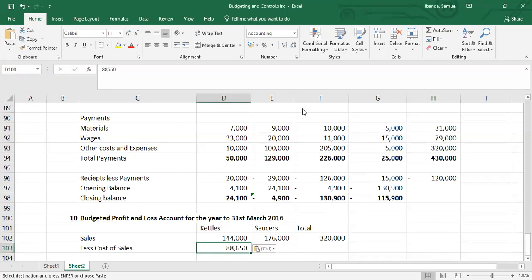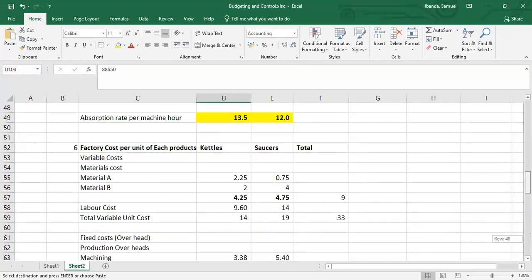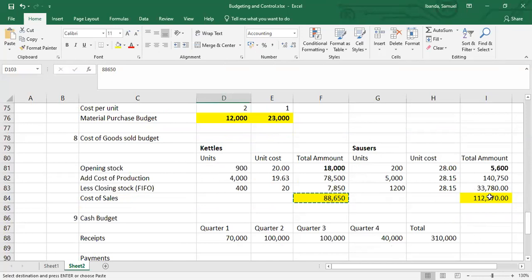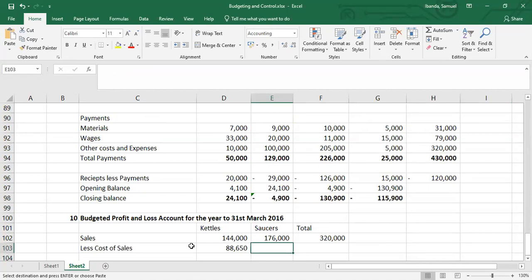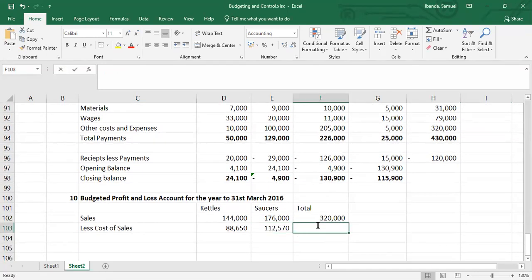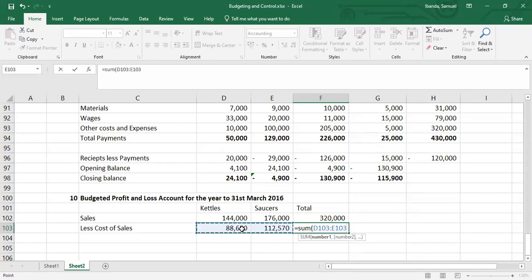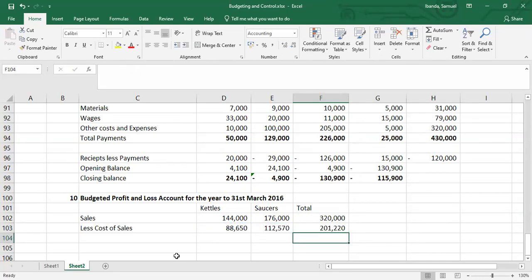Then I'll also go back and pick the cost of goods sold budget for saucers and include it there. Basically, here you're just copying and pasting from the information you already have. So you can also get the total right there.